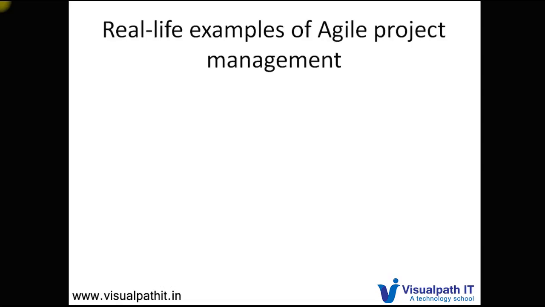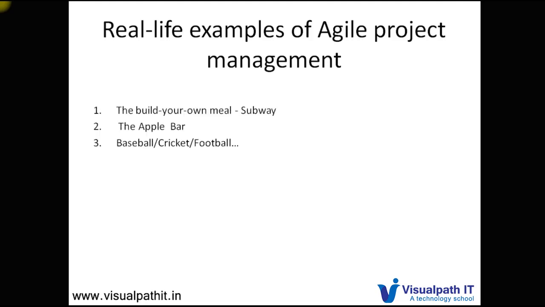Now we have seen the manifesto, we have seen the principles. Now coming to real-life examples. I ask you guys, have you seen any real-life Agile example in day-to-day life? You might have seen but never noticed. So here we go.